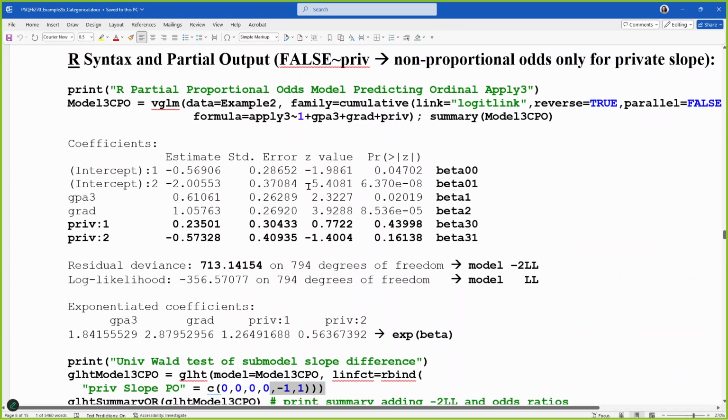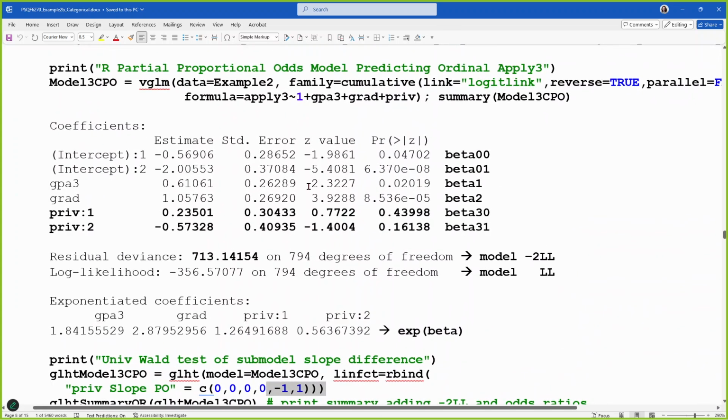Now, I don't think it would be meaningful. It will spit out the number for you just fine, but I don't think it would be meaningful to compare this slope and this slope, because GPA is per unit GPA, as opposed to grad, which is 0 to 1 as the entire range. So that's where it gets weird. If you wanted to do something like that, you'd have to standardize your variables to be the same scale.